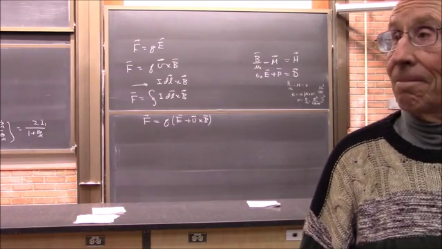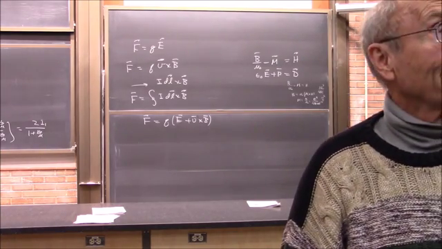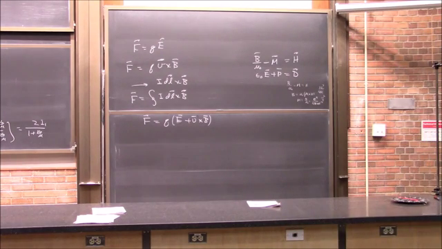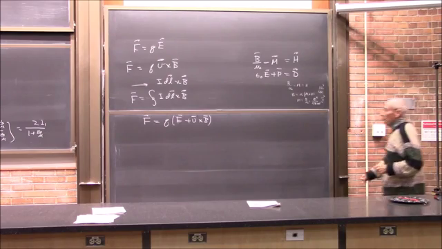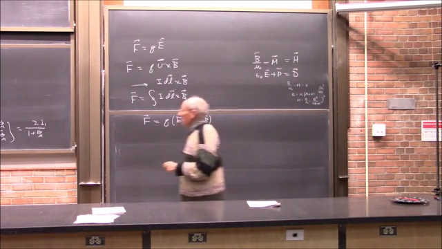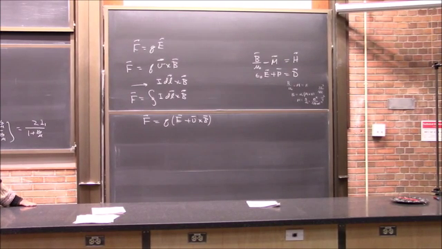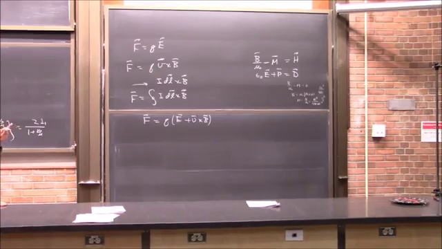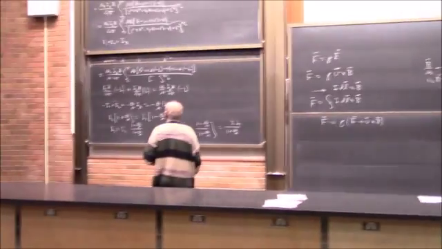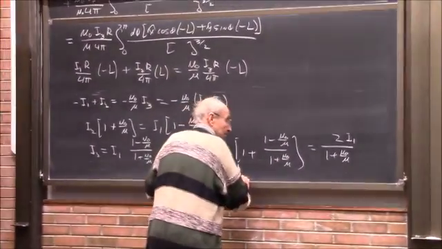Everybody following this? Okay, so that means the first thing we need to do is figure out what is the magnetic field produced at loop 1 by loop 2. So first we'll calculate that.